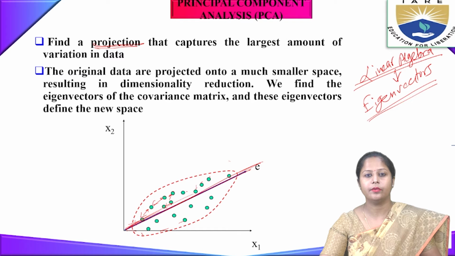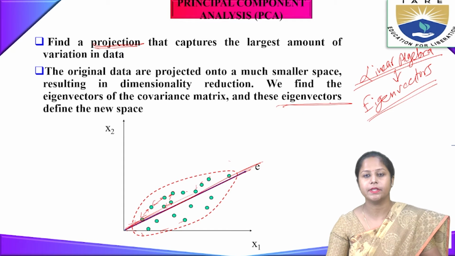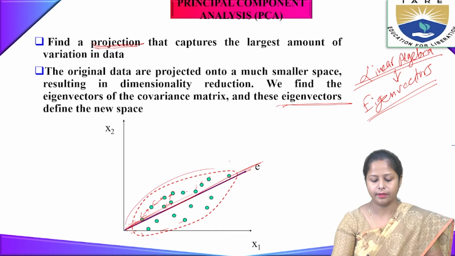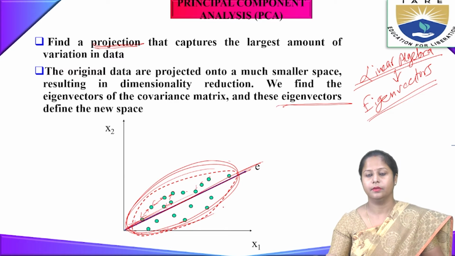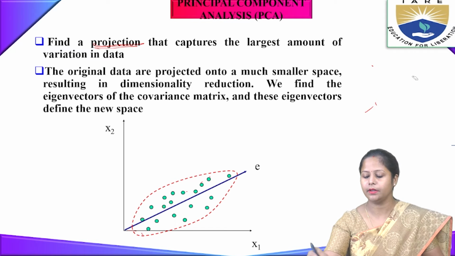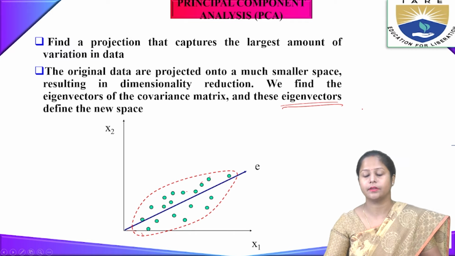We find the covariance matrix first, and after that we apply the eigenvector computation. The eigenvectors define the new smaller space onto which we project the larger amount of data in one place. That will be the dimensionality reduction. By this method, we can reduce the dimensionality very easily. These were the numerical methods to find the eigenvectors.